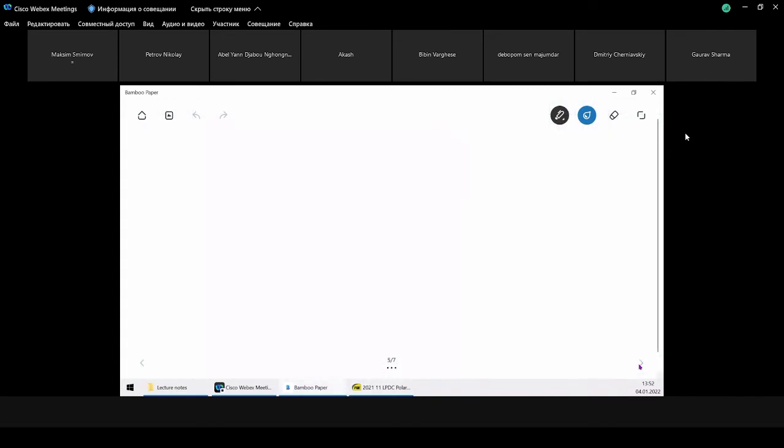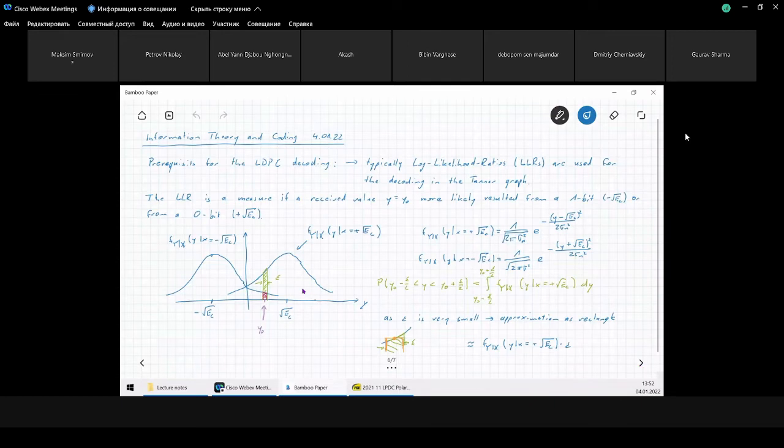If you look at the probability density functions, this would correspond to the case like observing a value here at 0, where the probabilities are equal. Yes, that's probably what you meant with the intersection point of the normal curves. Yes, exactly. At this point here, the probability would be the same that a +1 was transmitted as if a -1 was transmitted. The log likelihood ratio will be 0.